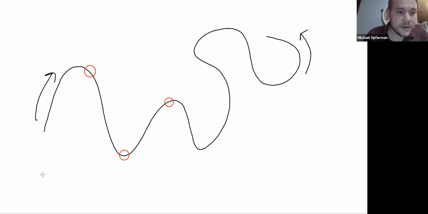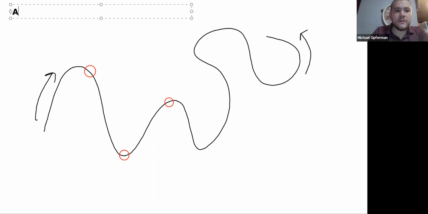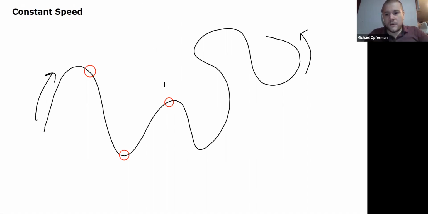And I'm going to make the assumption here, just to make this a little bit more doable, that this is all happening at constant speed. Okay, so the fact that it's happening at constant speed, what that should tell you right away is the acceleration is perpendicular to the velocity automatically, because it has to be in order for the object to be traveling at constant speed.